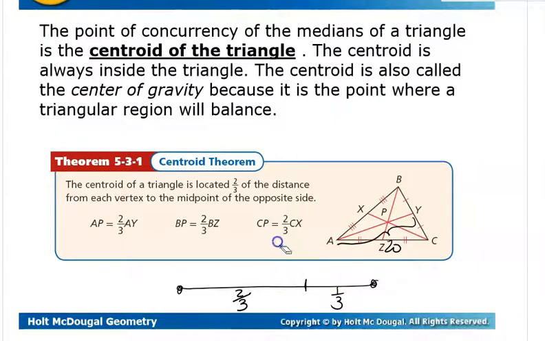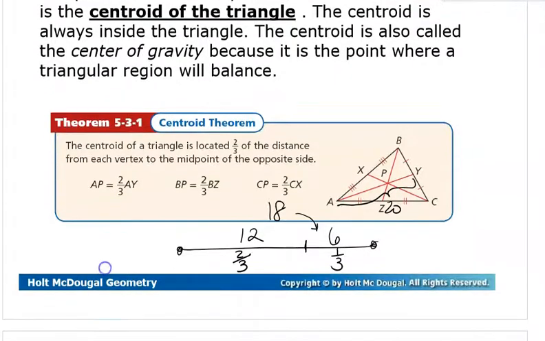You're just cutting into thirds. Let's see what else. Let's do 18. Okay, so divide 18 by 3, you have 6, and 6 times 2 is 12. Okay, 12 plus 6 is still 18. There we go. Okay, so just learn to manipulate your thirds. That's what the centroid is going to be doing.